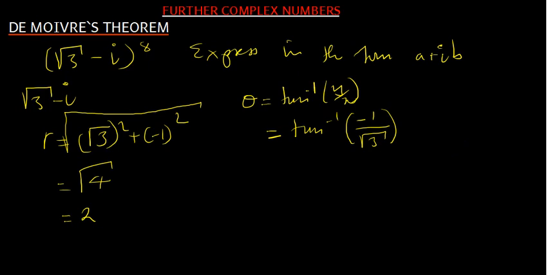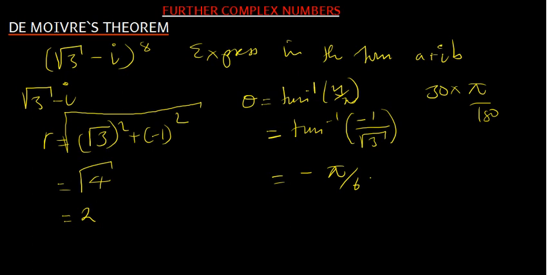So theta is negative 30. Now 30 in radians, multiplied by pi over 180 degrees, will be negative pi over 6 radians.